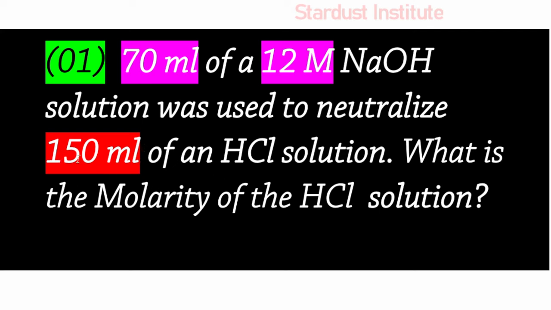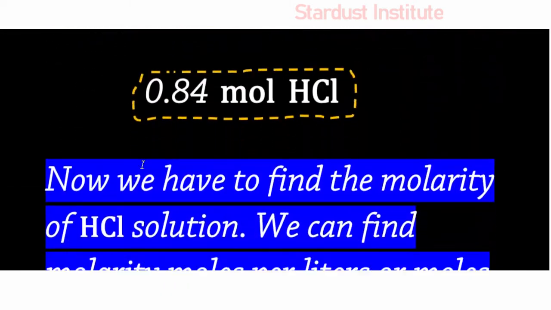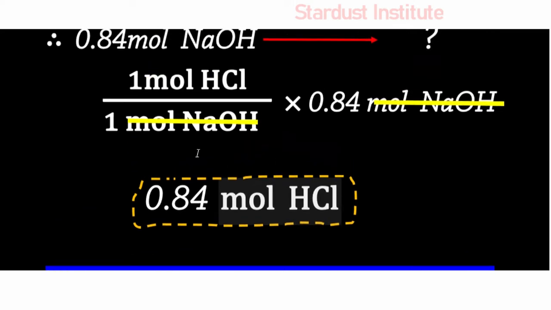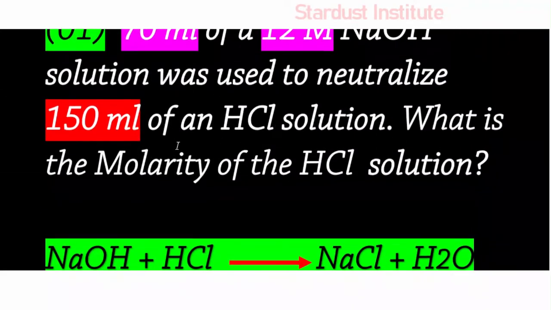In this 150 milliliters of HCl, there are 0.84 moles of HCl. There are 0.84 moles of HCl in 150 milliliters of this HCl solution.